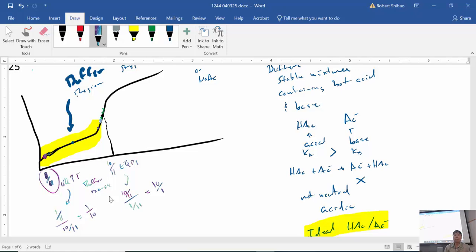However, what we're going to do is use the Henderson-Hasselbalch equation. For Henderson-Hasselbalch, it doesn't have to be an ideal buffer. We could use the Henderson-Hasselbalch equation in a lopsided buffer. What assumption do we make in using the Henderson-Hasselbalch equation?